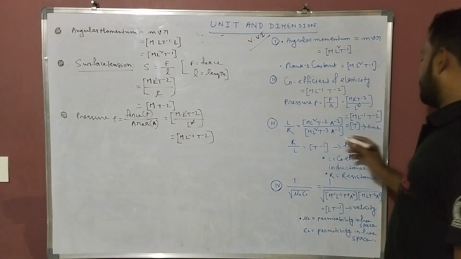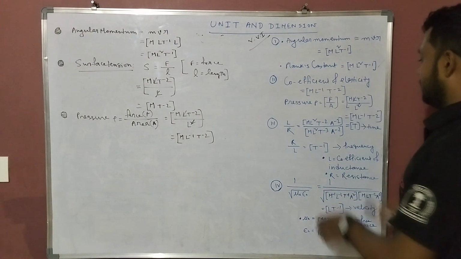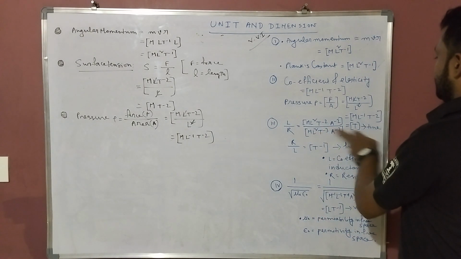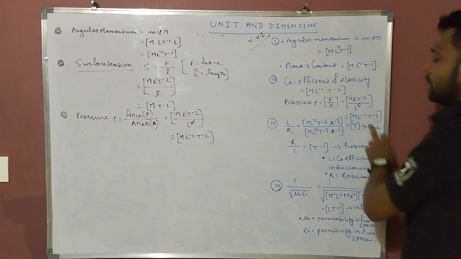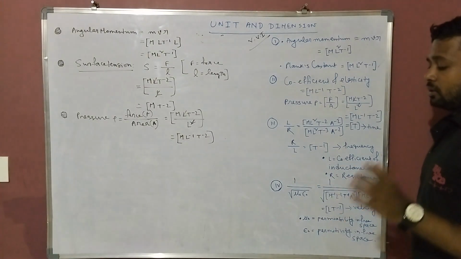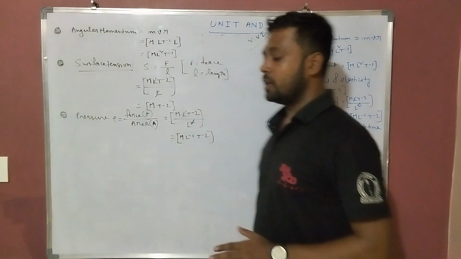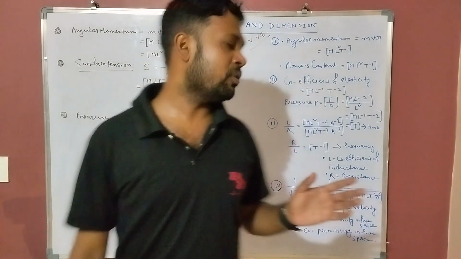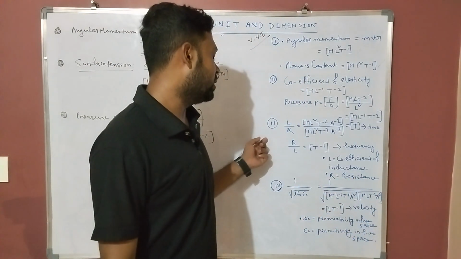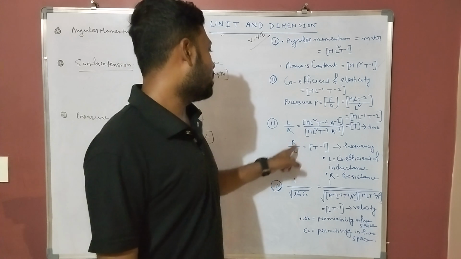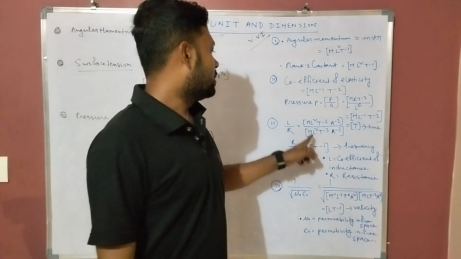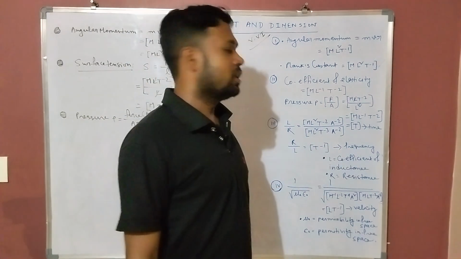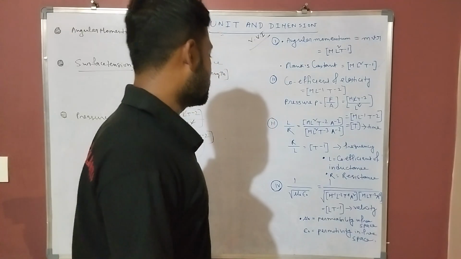So L by R, we can see the dimension of L by R is only T, that is, the dimension of L by R is similar to the dimension of time. That's why this point is very important. And R by L has the dimension of frequency.